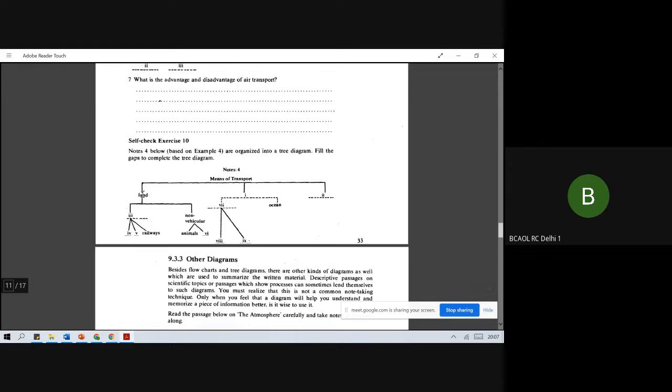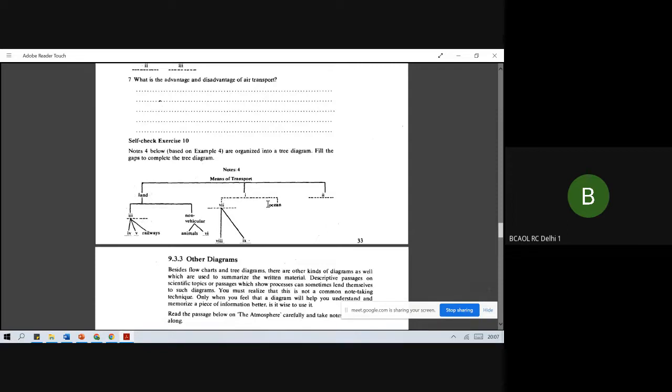What are the means of land transport? First, vehicular, non-vehicular, meaning machinery transport, non-machinery transport. I'm not telling anything new here. This is from the previous passage. The passage above talks about these things.